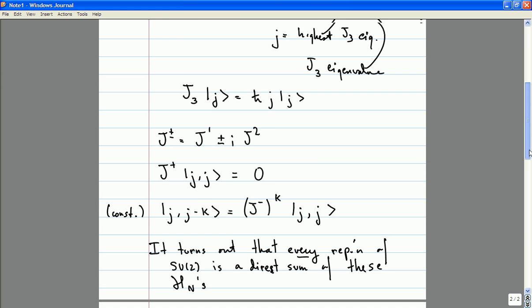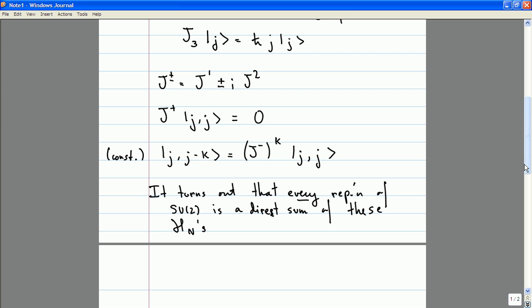Where I remind you that when you take the direct sum of two Hilbert spaces, you're just doing exactly what you imagine that you're doing.